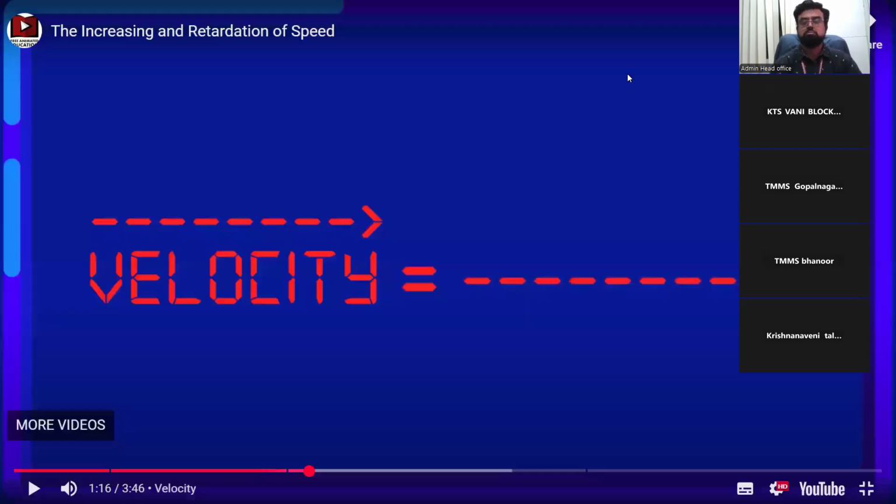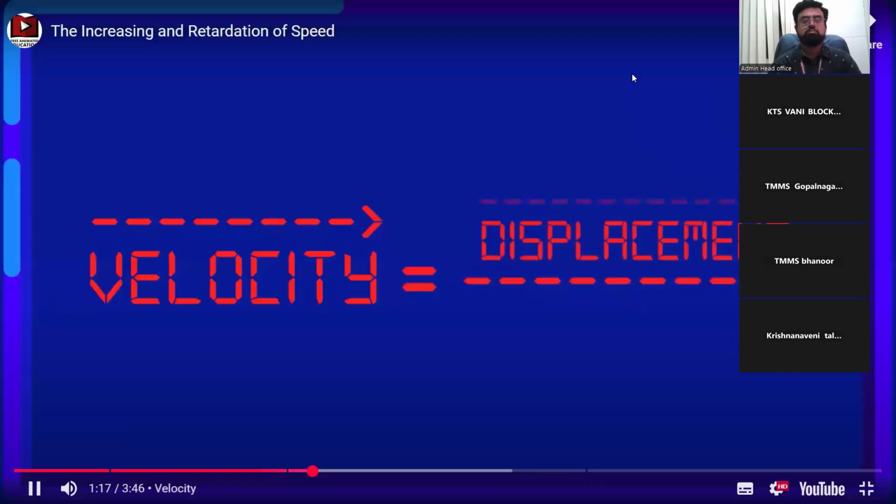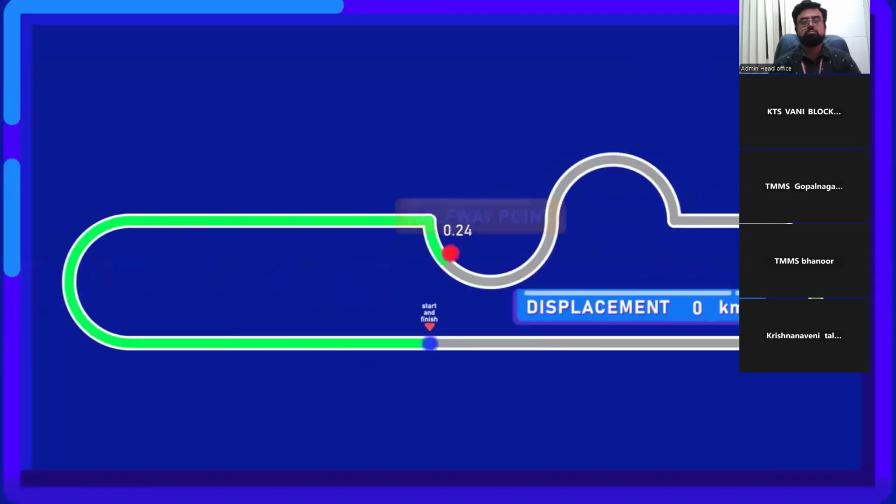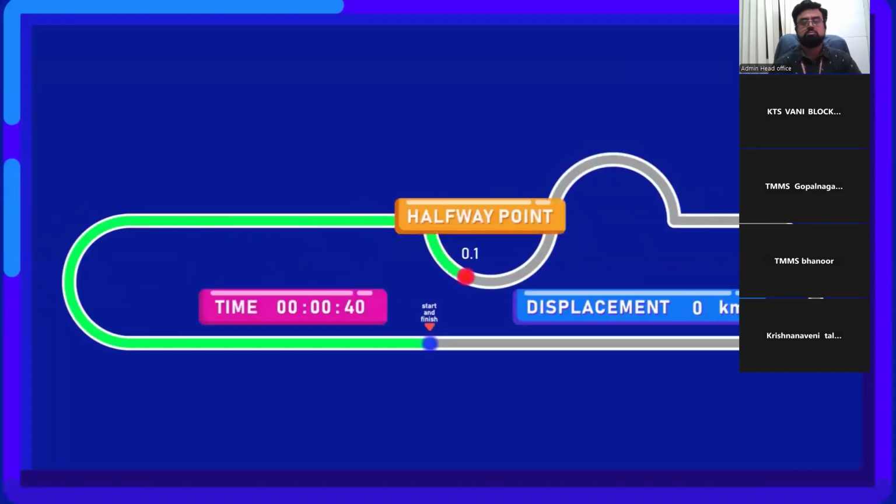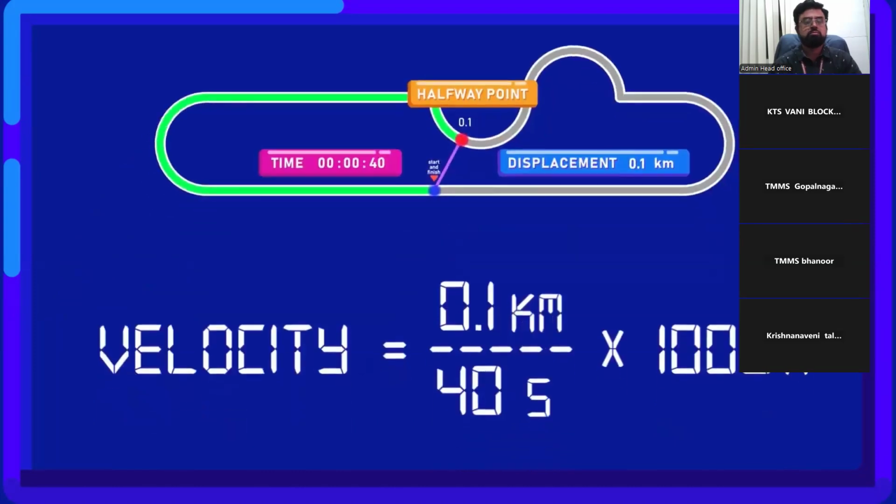Velocity, a vector quantity, is determined by dividing the total displacement by the time elapsed. For example, as the driver goes past the halfway point for the first time, the average velocity can be counted by measuring the length between it and the start line, divided by the time elapsed.